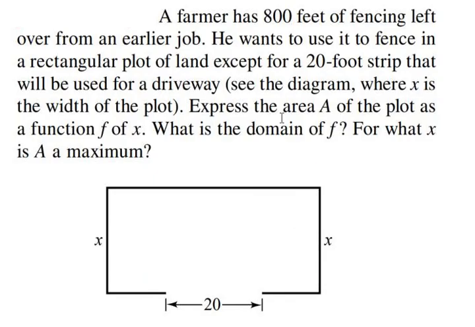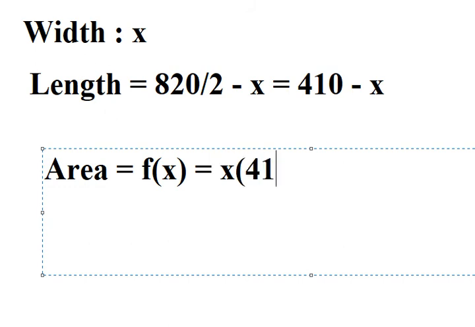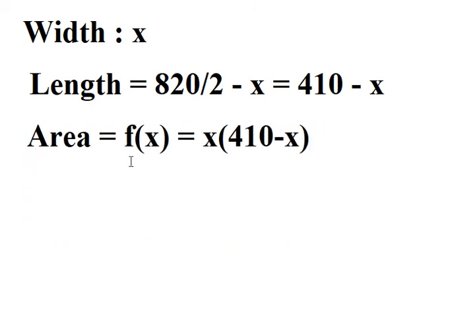The next one, we need to find the area A of the plot as a function f of s. So area equals f of s. We have the width multiplied by the length, and this is the answer.